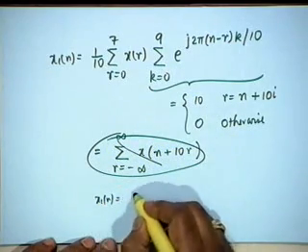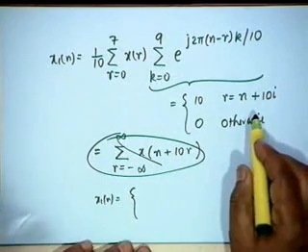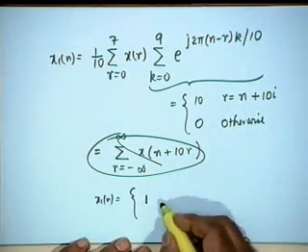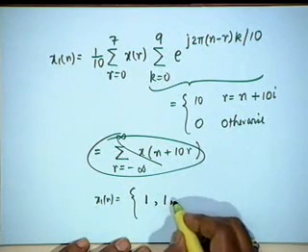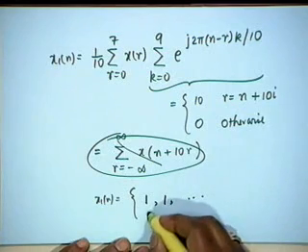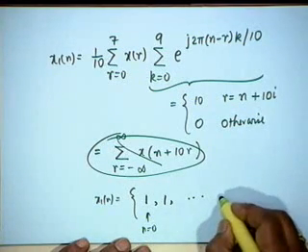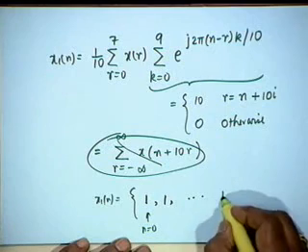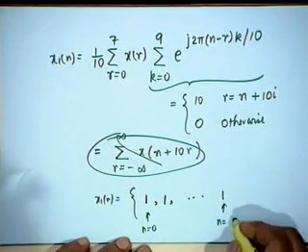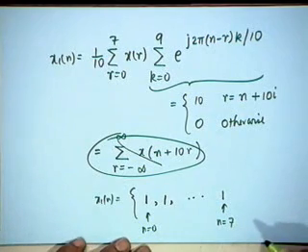x1 of n, when n equal to 0, it is 1, n equal to 1, it is 1, and so on. Up to n equal to 7 it exists.